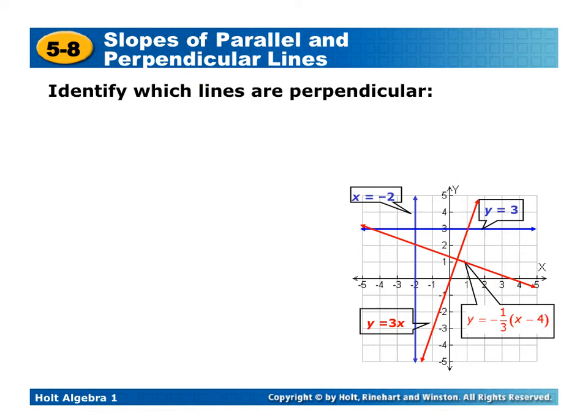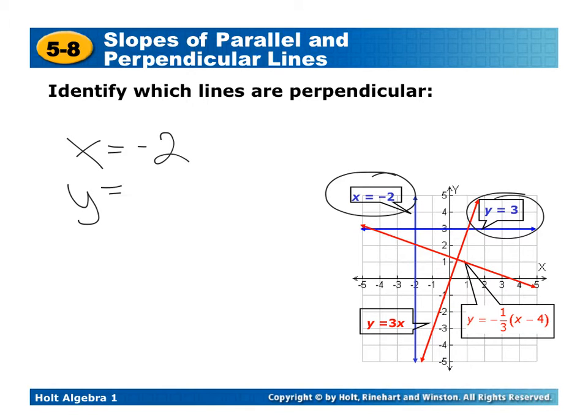So I want you to look at this graph and try to identify which lines are perpendicular. So here we have a vertical line because we have the equation x equals -2, and because here we have a horizontal line of y equals 3, they are perpendicular because it's a horizontal and a vertical line.